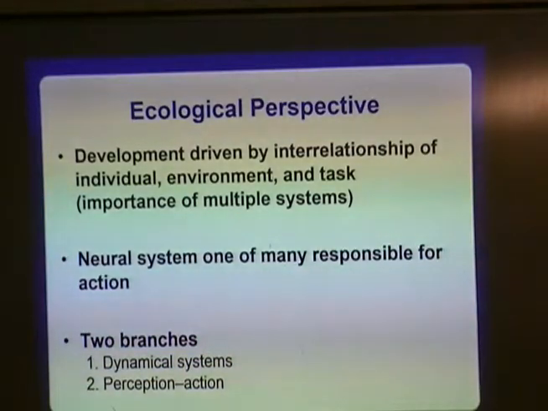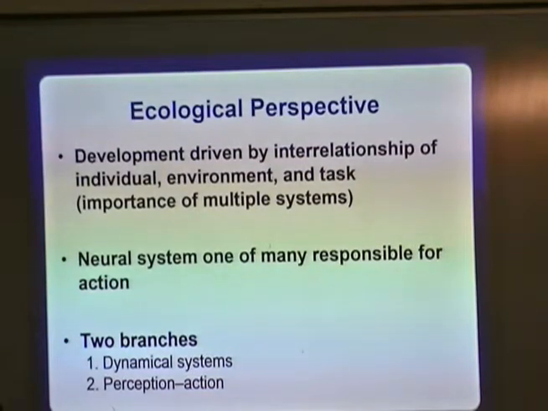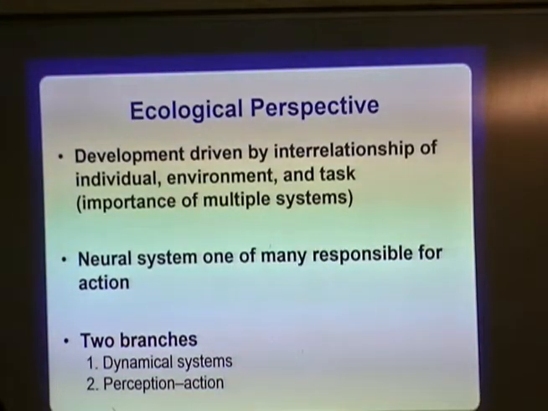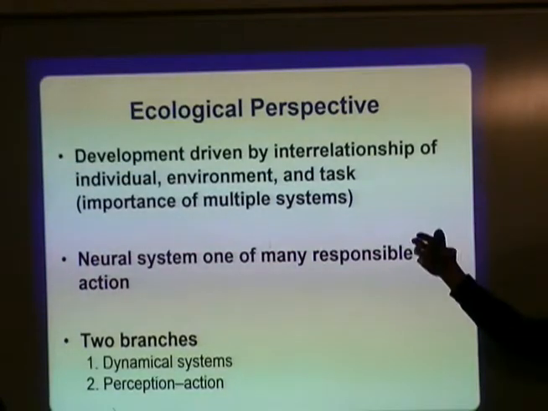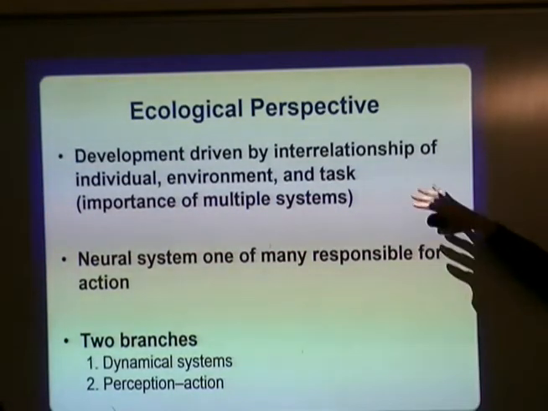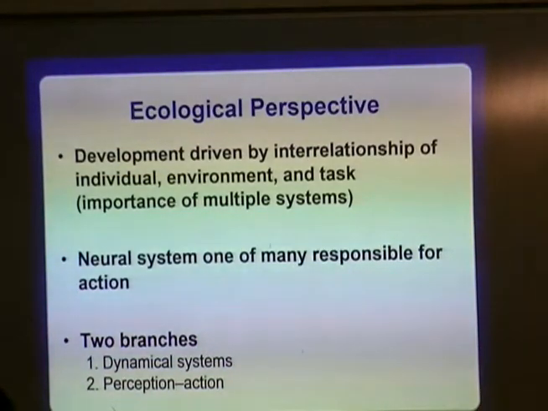Okay? And what those systems are doing and what the environment is doing and what the task is doing, all of that continually changes. So we change from only looking at children, because as a maturationist, I believe that once the central nervous system is fully developed and mature, I don't see any more change, to a situation where we have the ability to look across the lifespan and say movement patterns consistently change across the lifespan. Right?